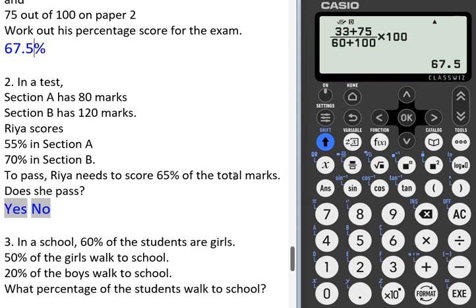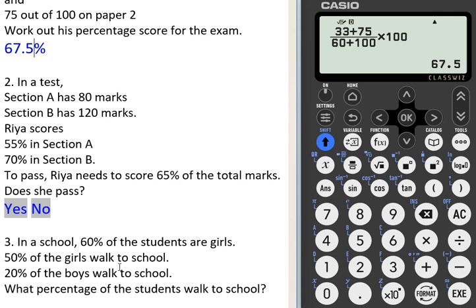So in a test, Raya's score: section A has 80 marks, section B has 120 marks. Raya scores 55% in section A and 70% in section B. Okay, and so we need to work out whether she has got 65% of the total marks that she needs to pass.